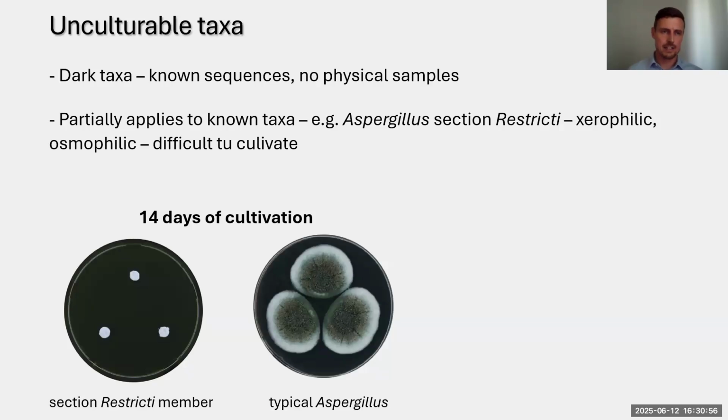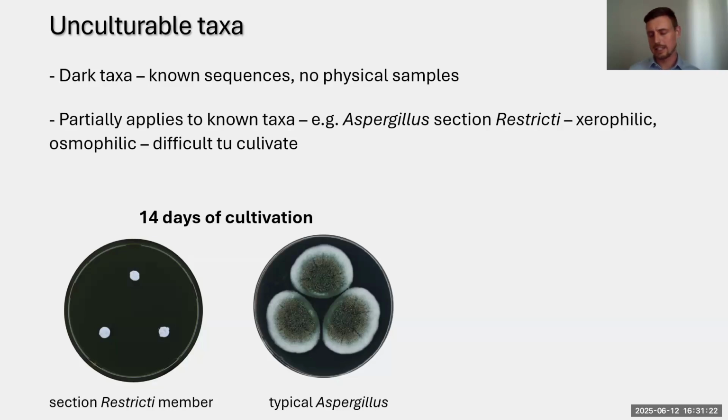Another connected topic, of course, is the large number of unculturable taxa. These are taxa which are known from sequence data but don't have any physical samples. They are called dark taxa.